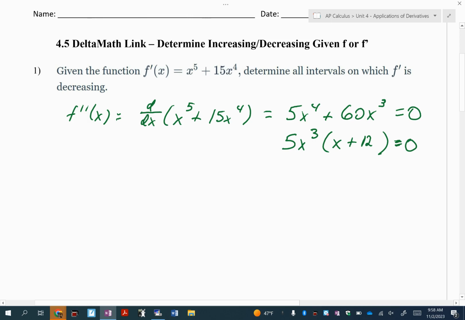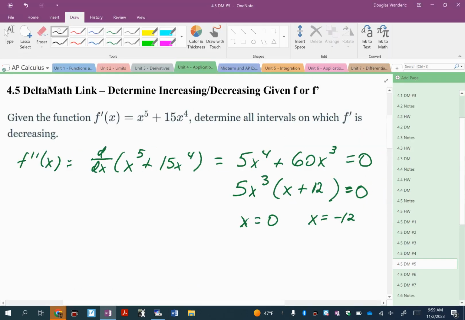Yeah. 12 times 4 is 48, plus 12 is 60. All right. So now we're going to set these equal to 0. So this one's 0. What makes this one 0? Negative 12.